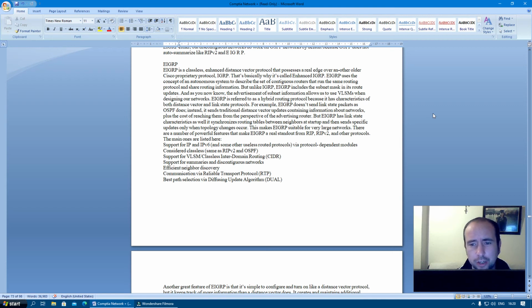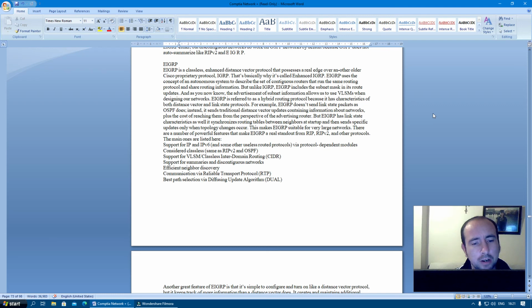But EIGRP has link state characteristics as well. It synchronizes routing tables between neighbors at startup and then sends specific updates only when topology changes occur. This makes EIGRP suitable for very large networks. There are a number of powerful features that make EIGRP a real standout from Routing Information Protocol, Routing Information Protocol version 2 and other protocols.